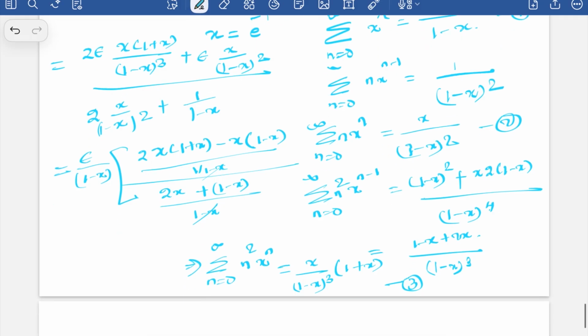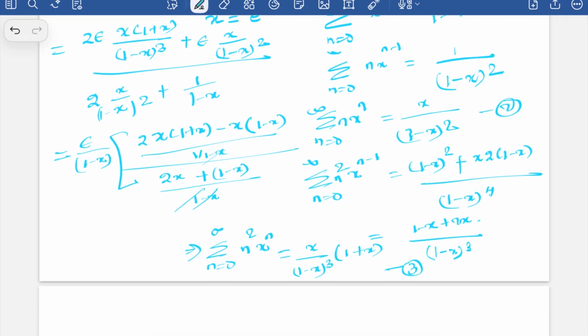This will cancel out. So we will obtain epsilon by 1 minus x.